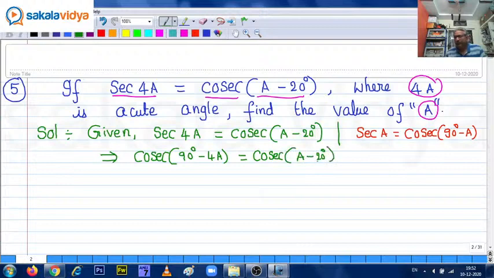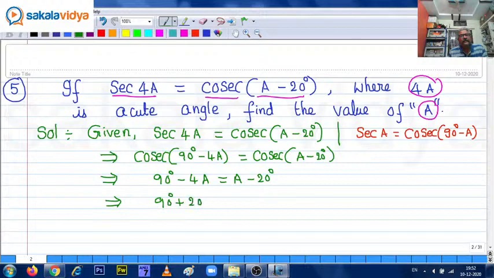Now what shall we do? 90 degrees minus 4a equals a minus 20 degrees. Minus 4a this side, 20 this side. So 90 degrees plus 20 degrees equals a plus 4a.